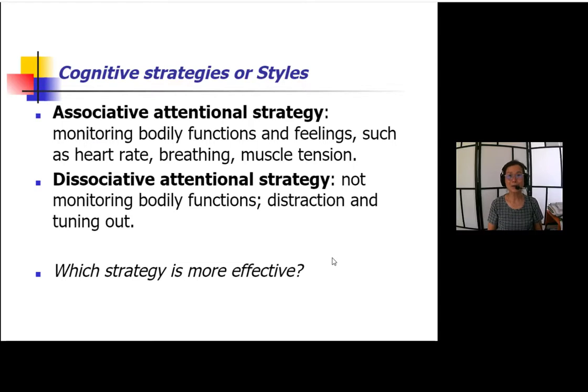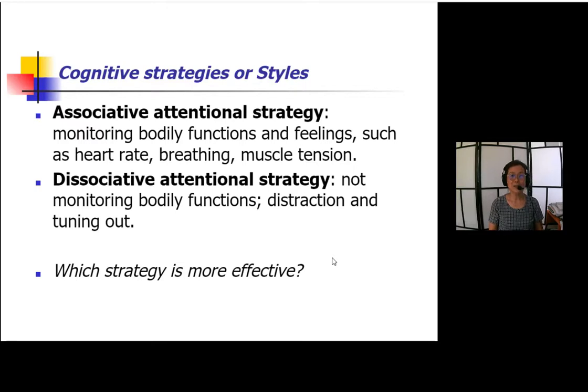They asked all those full marathoners, what do you think about while you're running? Where do you pay attention while you're running? Then what they found, there are two different cognitive strategies. One is the associative attention strategy, another one is the dissociative attentional strategy. Associative attentional strategy sounds more like narrow internal attentional style.